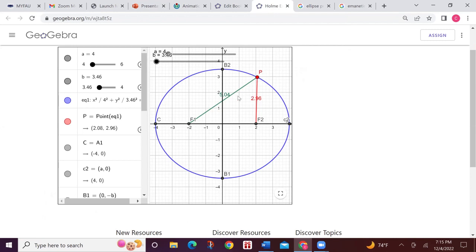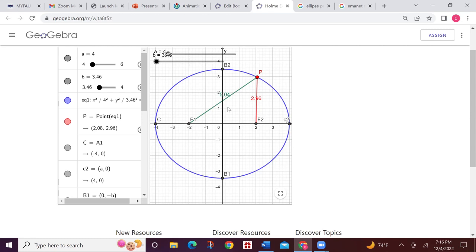Now, the relationship between these two foci is the distances from F1 to P and F2 to P. Regardless of the position of P on the ellipse, the total will always be constant.